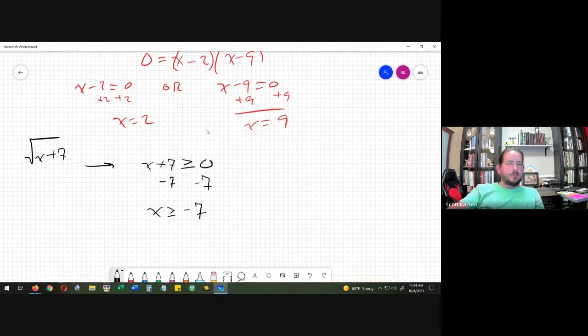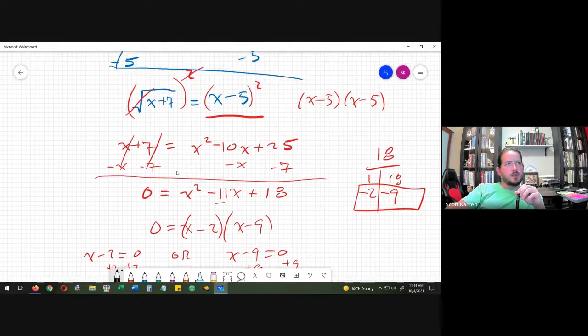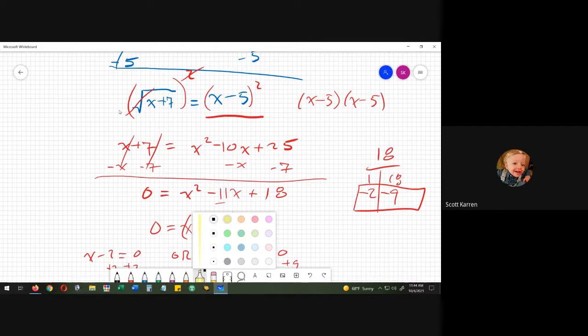So they're both within the domain, but the one thing that we need to be careful with is that this original equation with the square roots doesn't necessarily have two solutions.